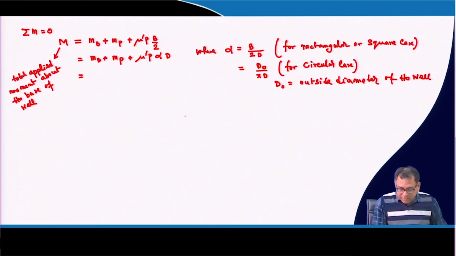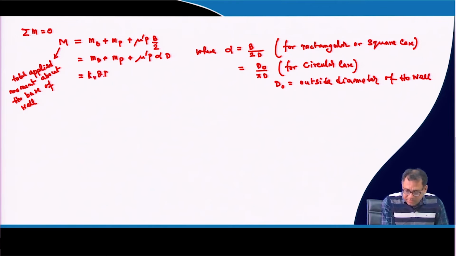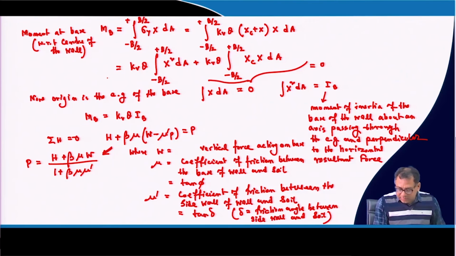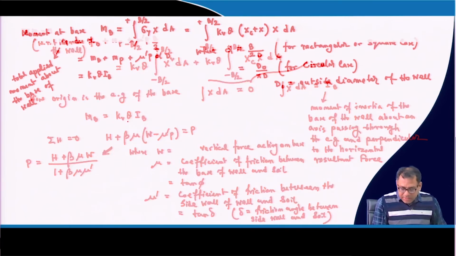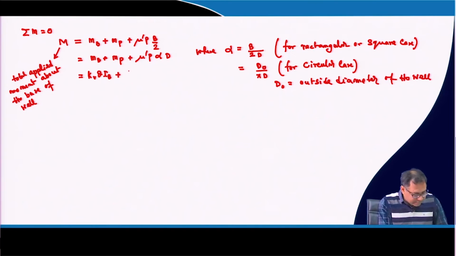So these values I am putting here: MB is k v theta Ib, and MP is m k v theta Iv, plus mu dash alpha.